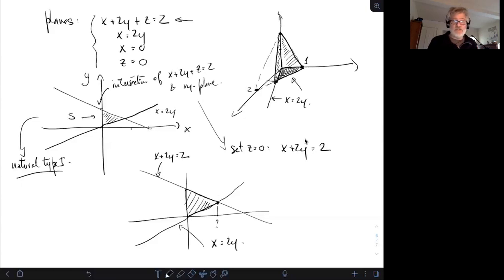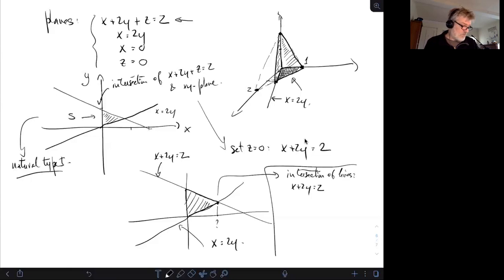So it's the intersection of the two lines. So I've got x plus 2y equals 2, and x equals 2y.